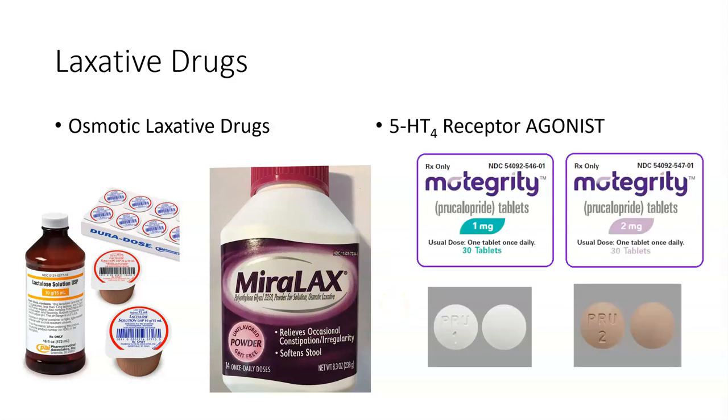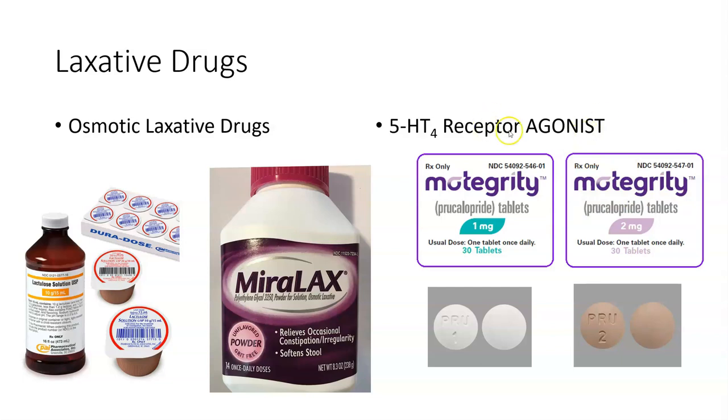And then we have 5-HT4 receptor agonists. This is prucalopride. Make sure I say that right. This is Motegrity. So again, we've got that movement kind of thing. We also use these drugs in treating IBS-C.